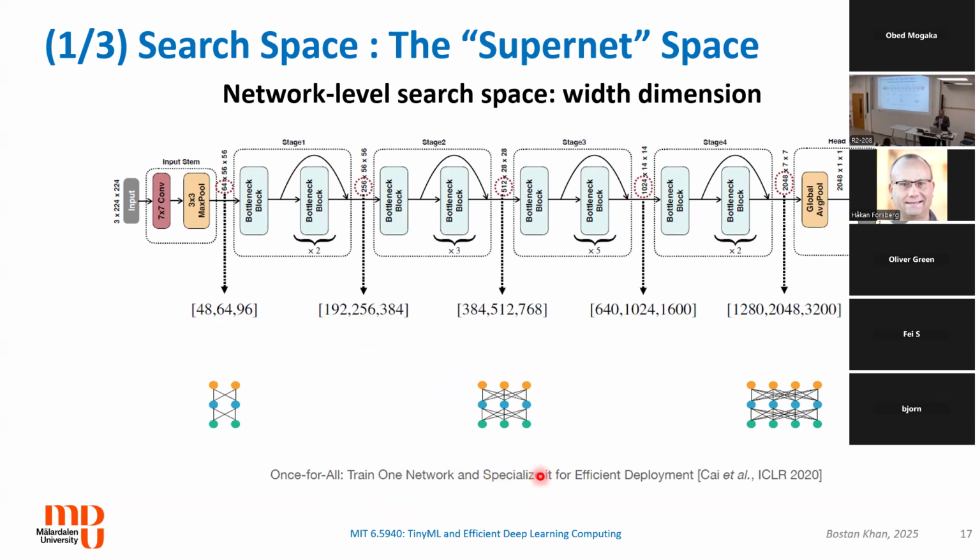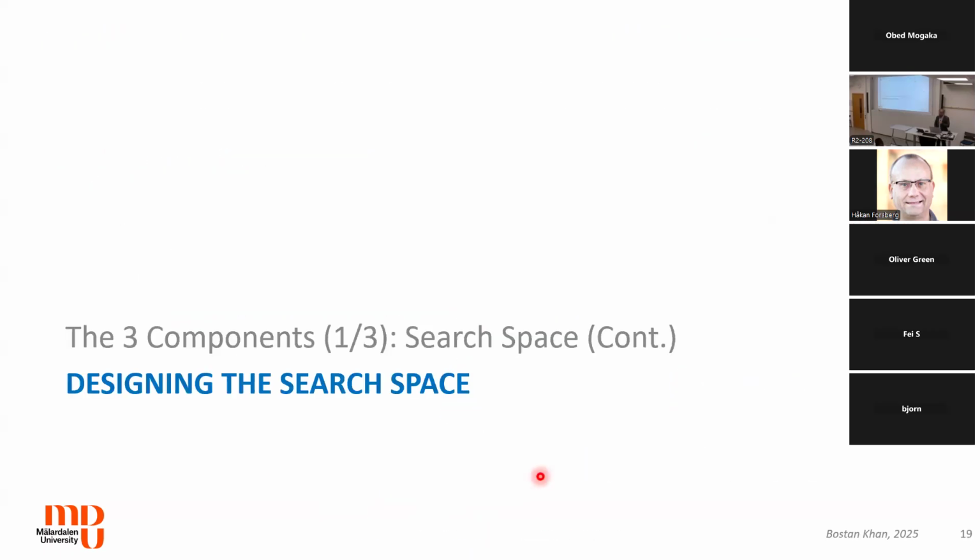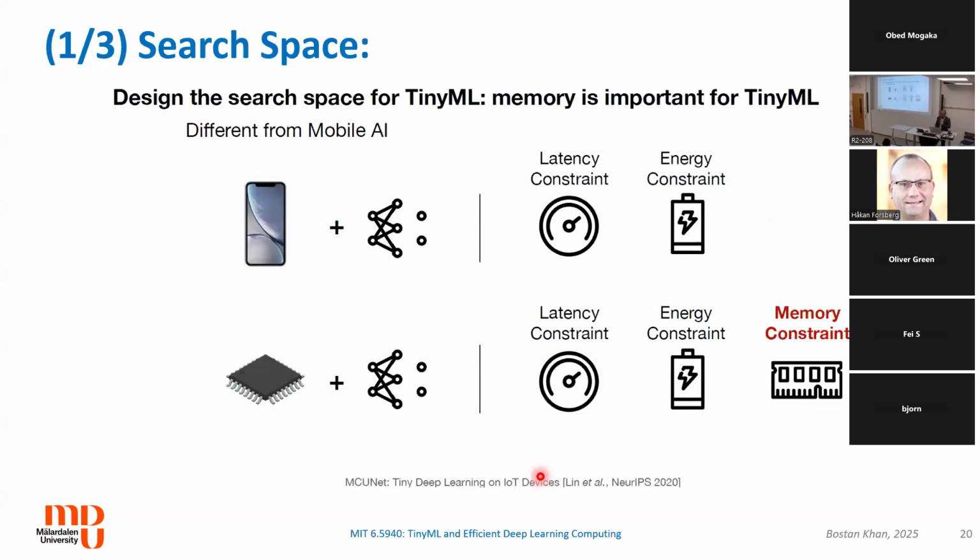I gave you an example of a search space that does it in a smart way. But if we want to design our own search space, to create our own SuperNet, what kind of search space would we want for our own task? That is called designing the search space. How do we design this search space? They chose their own options, but we can also choose our own options in this case.